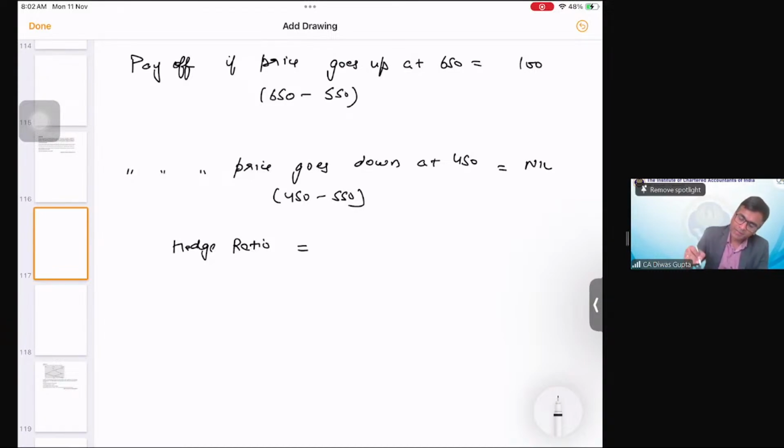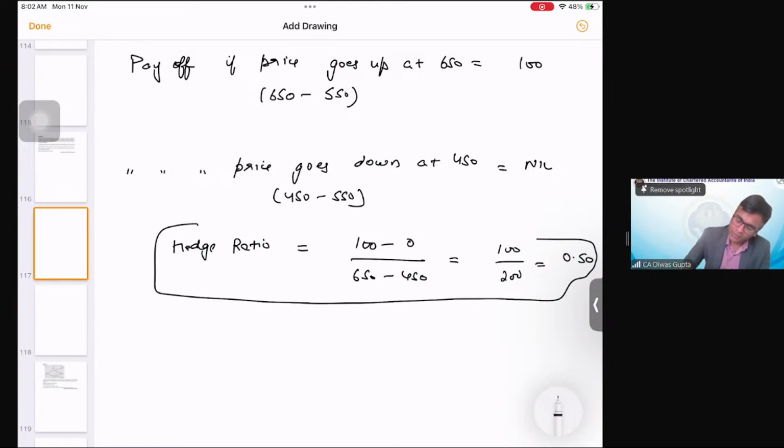This will be given by 100 minus 0, which is the payoffs at higher and lower value, divided by the higher and lower value itself, which is 100 divided by 200. So just remember this formula. This hedge ratio in this specific situation is calculated like this. There is a different way the hedge ratio is calculated in a Black-Scholes model that we will discuss later on.